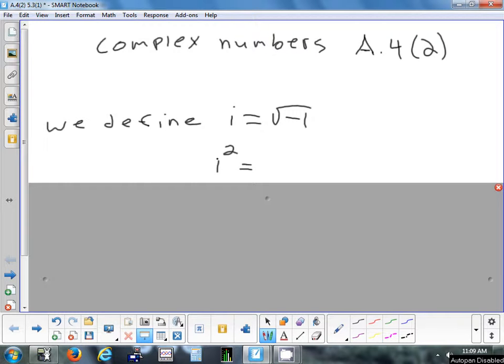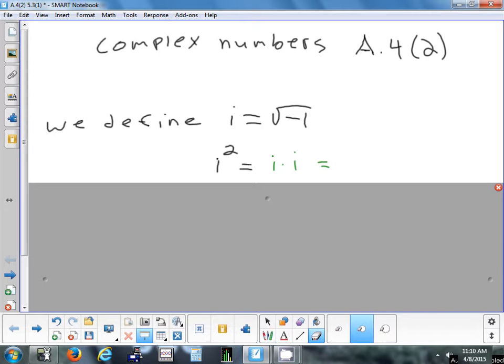I think we might have gone through this already yesterday, but does anybody remember what i squared is equal to? -1. When you think of i squared, you could think of it as i times i, and we define i to be the square root of -1.